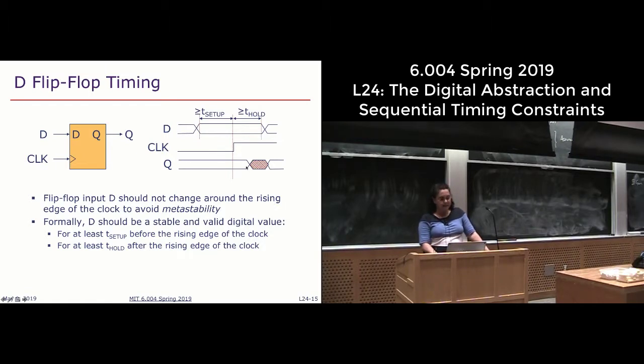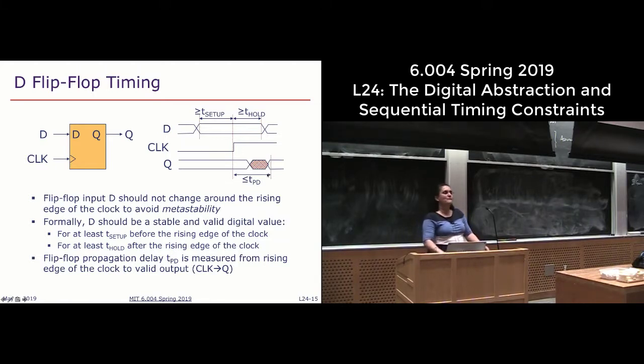In these timing diagrams, the sections with red lines mean an invalid value, whereas the white sections are valid values. So this time over here, from the rising edge of the clock until I get to a new valid value, represents the propagation delay of my register. Okay?